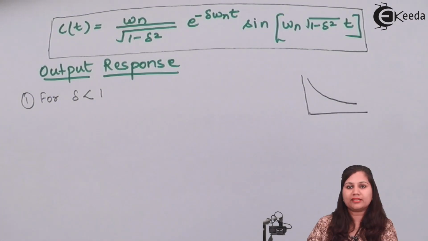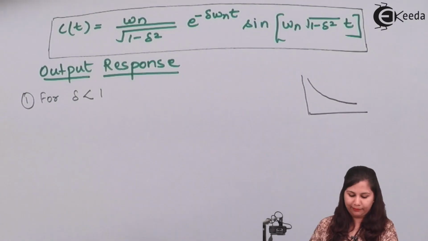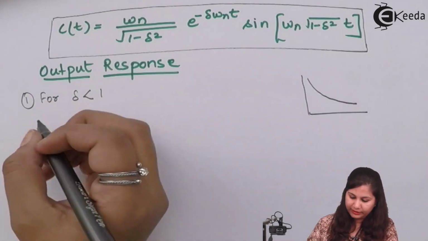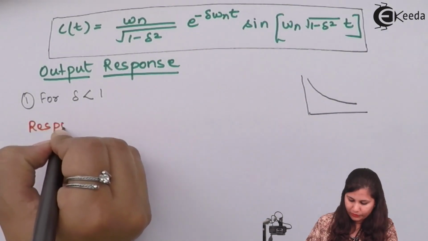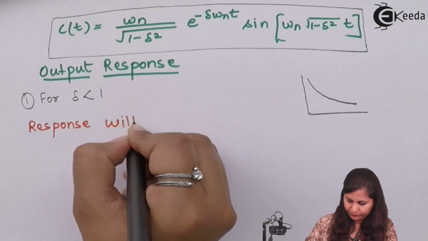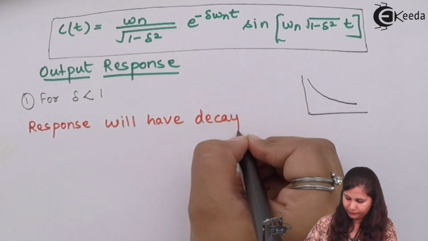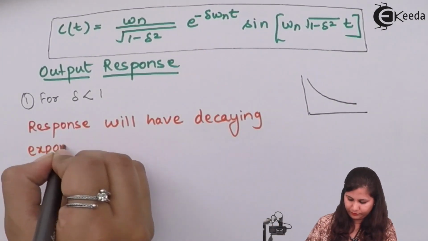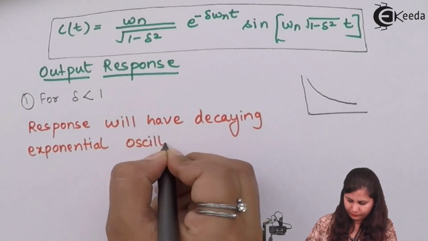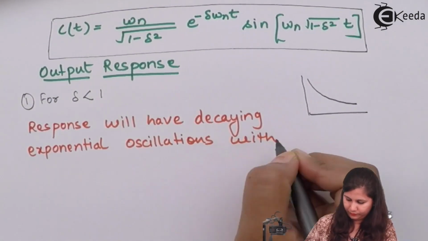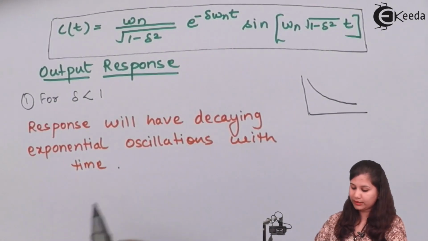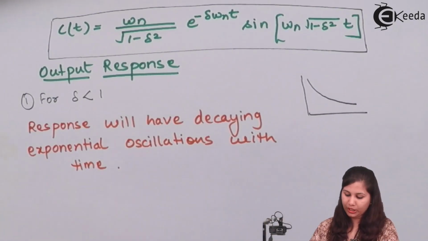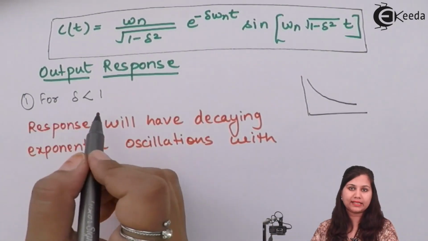Okay, that means it is going to have oscillations which are decaying with time. So we can write it here that for delta less than 1, the response will have decaying exponential oscillations with time. Okay, so this was the case when delta is less than 1.